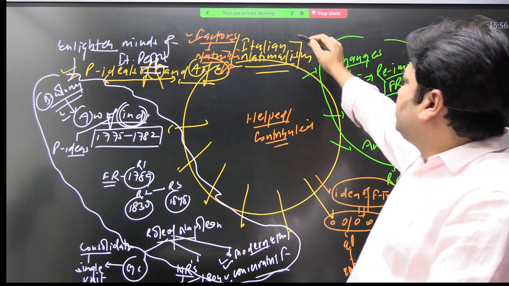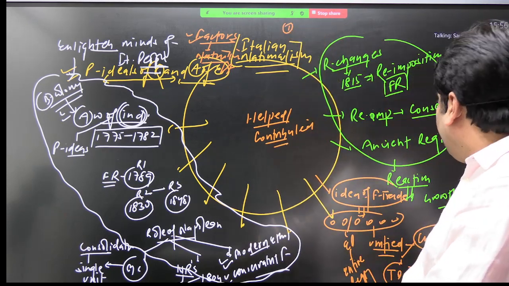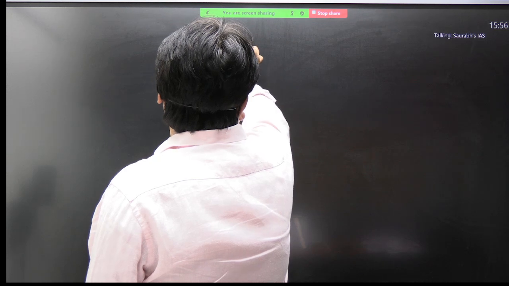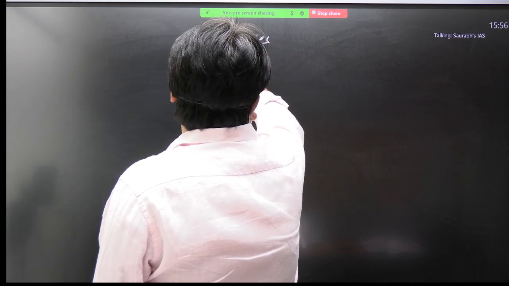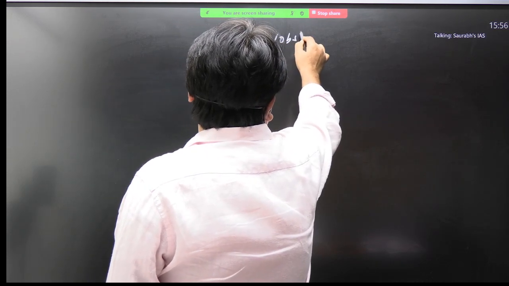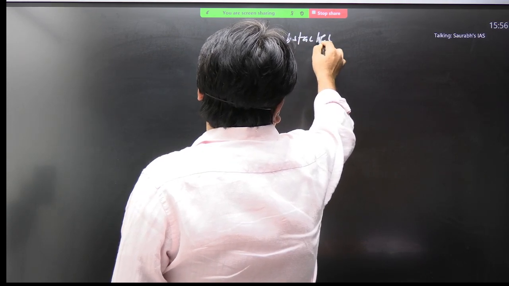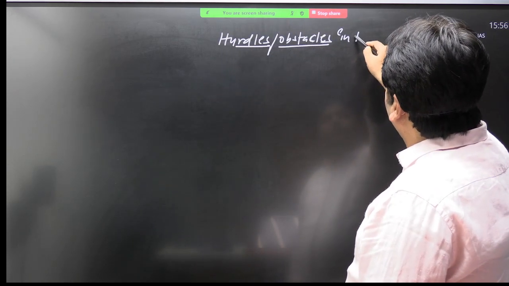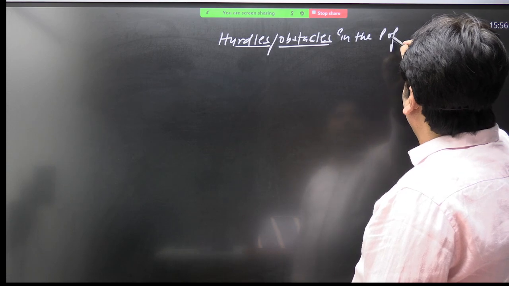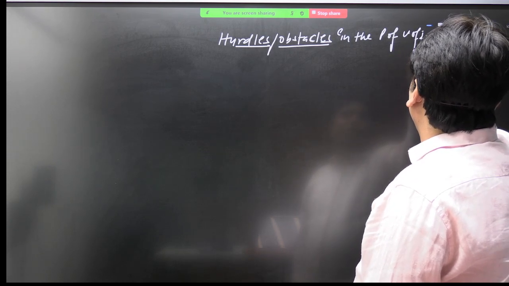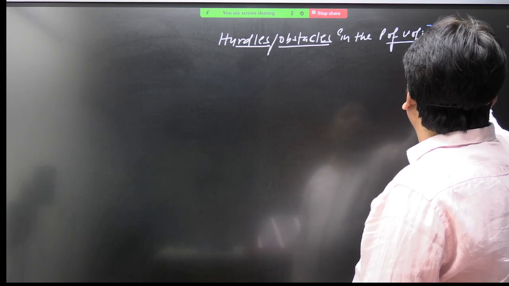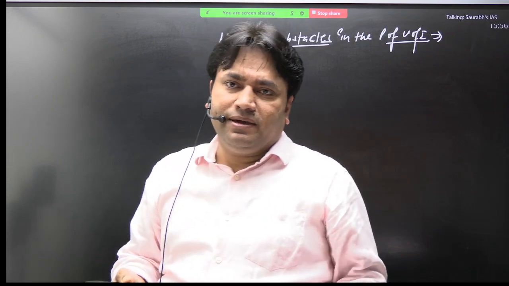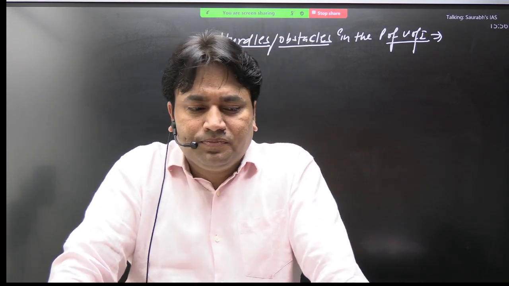Now the second approach we will discuss is what are the hurdles or obstacles in the process of unification of Italy. Hurdles kya kya hai?